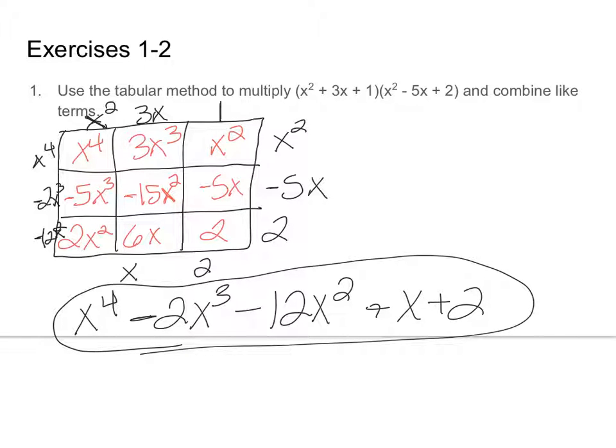Got it. What I like about the tabular method is it's harder to make mistakes. You collect everything, it's all organized in a table, you can find all your numbers, and like I said, it's just harder to make mistakes.